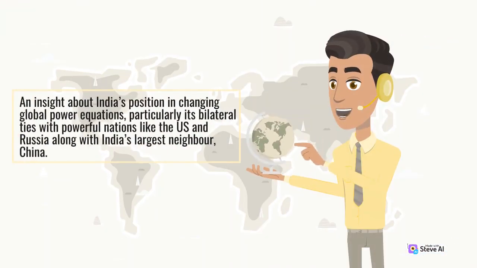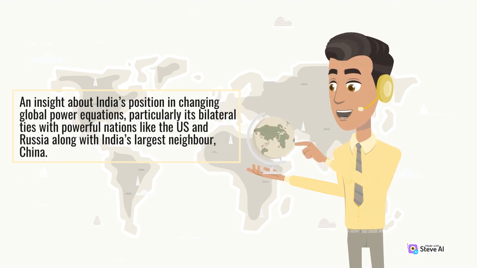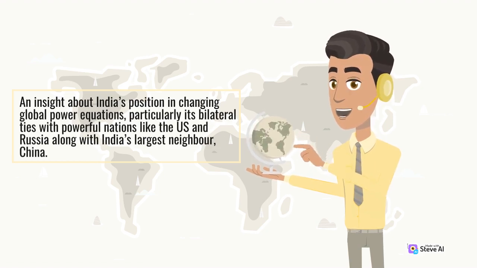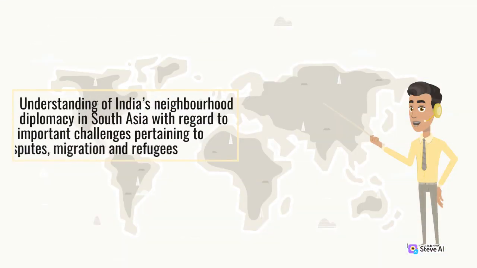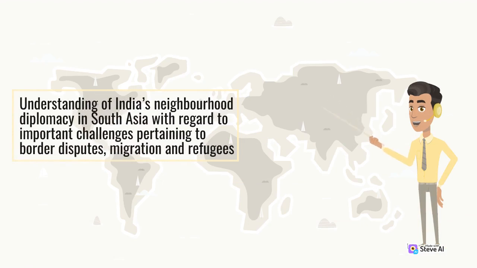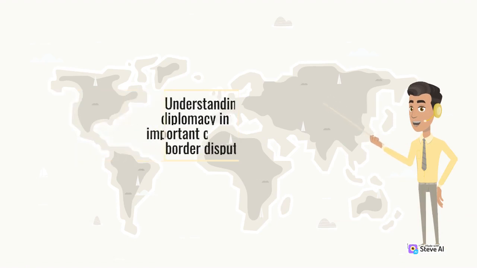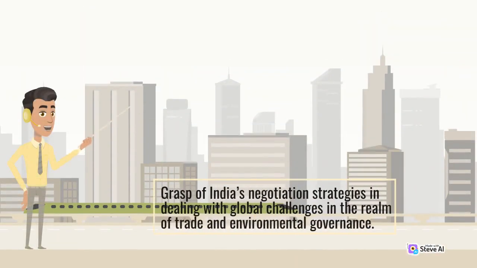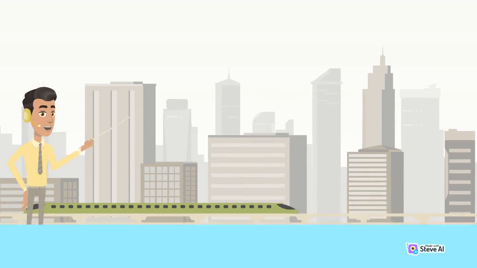An insight about India's position in changing global power equations, particularly its bilateral ties with powerful nations like the US and Russia, along with India's largest neighbor, China. Understanding of India's neighbourhood diplomacy in South Asia with regard to important challenges pertaining to border disputes, migration and refugees. Grasp of India's negotiation strategies in dealing with global challenges in the realm of trade and environmental governance.